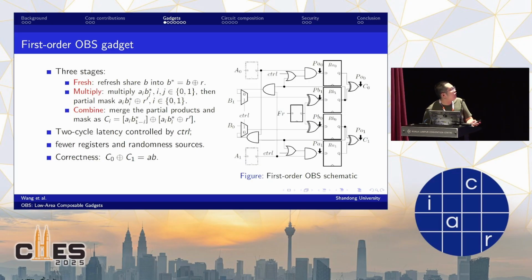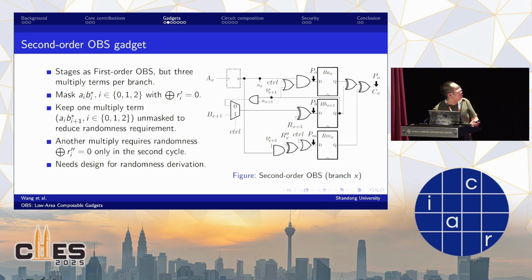Okay, from the first order OBS gadgets, we build another, second order OBS gadgets. The stages are about the same as the first order OBS, but in the 2 order OBS, we have 3 multiply terms in each branch.